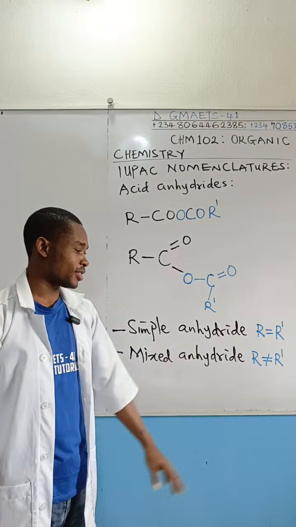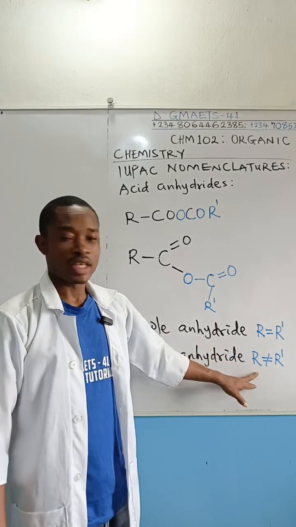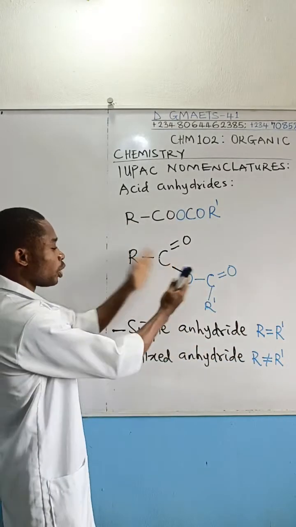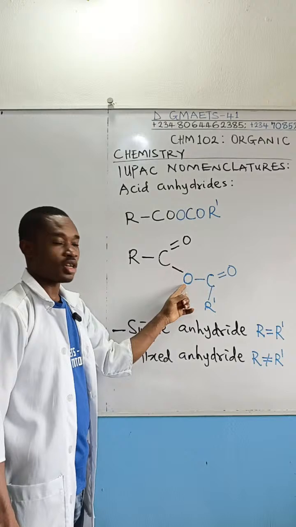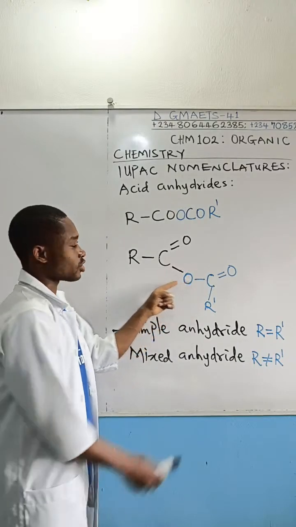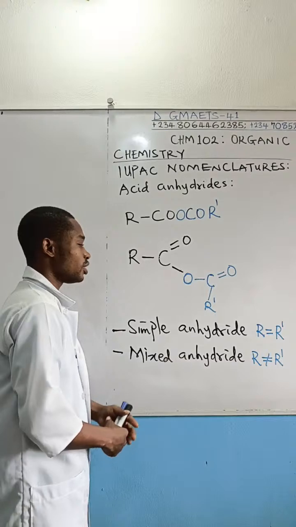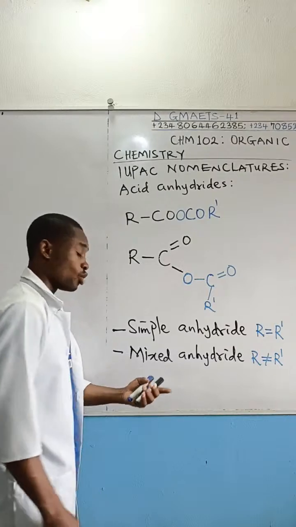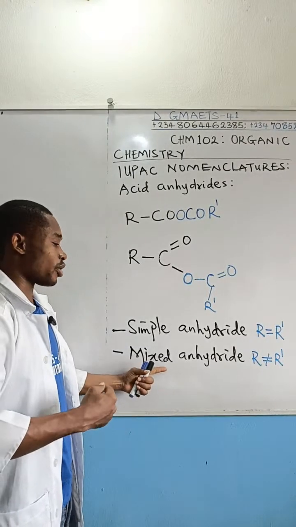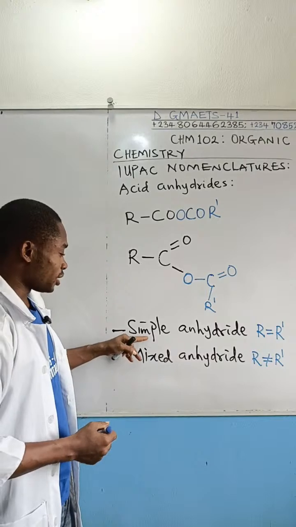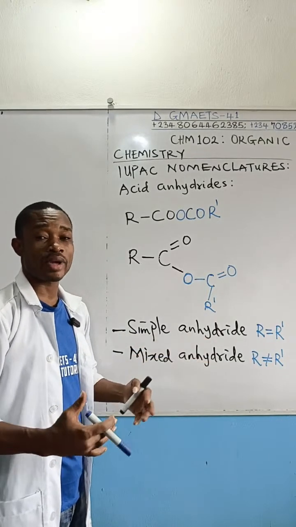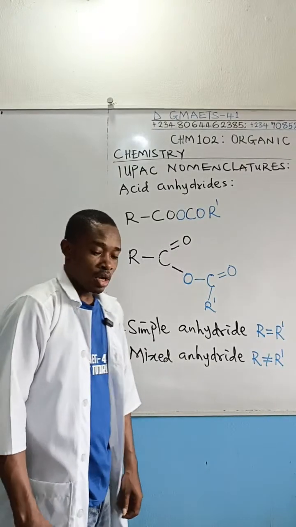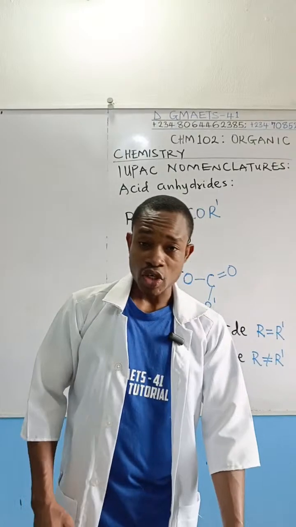Because in that case, the number of carbons on both sides of this oxygen that combines these two carbons with a single bond will be different. This one, simple anhydride, is simply alkanoic anhydride. All right, let us pick our first structure.